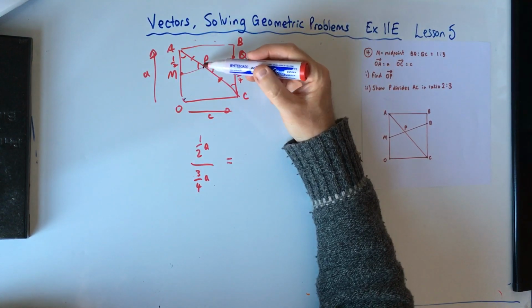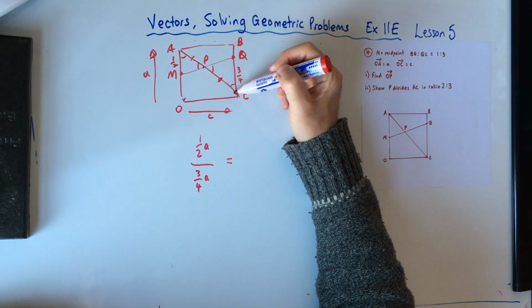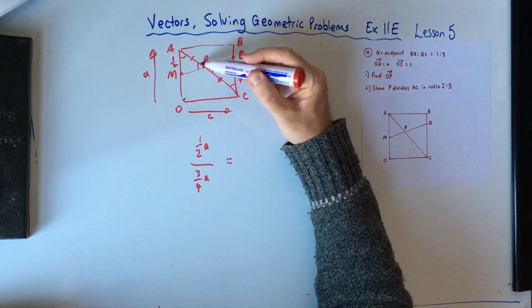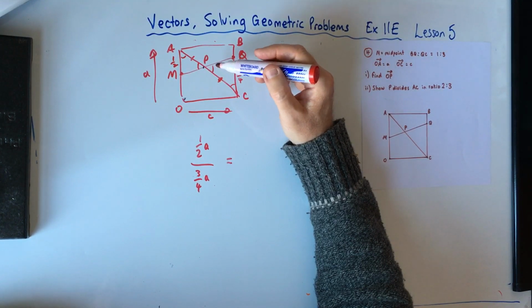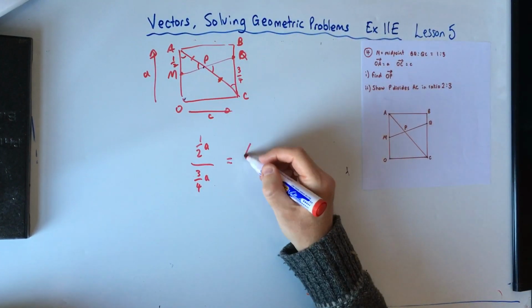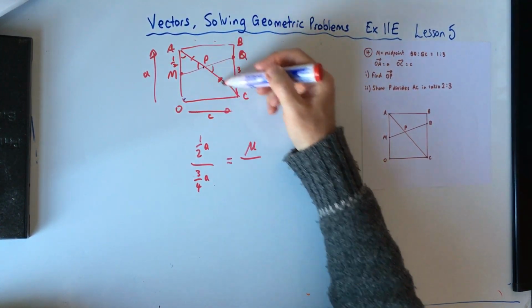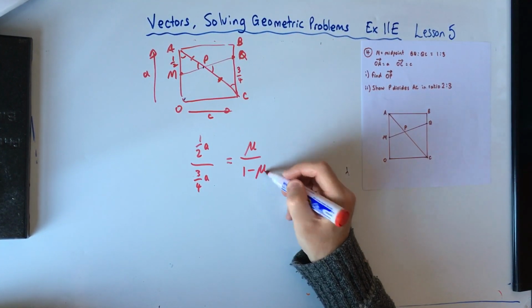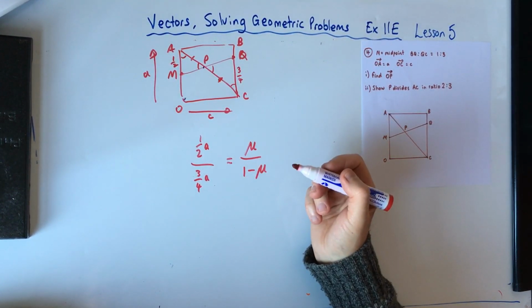So it is also the ratio of a half to 3/4. But you know, if we call this mu to, well, that would be like 1 minus sort of mu. So you could do it sort of that way.